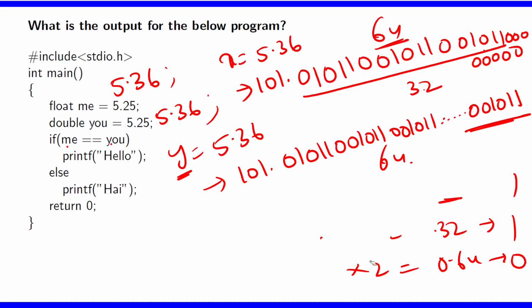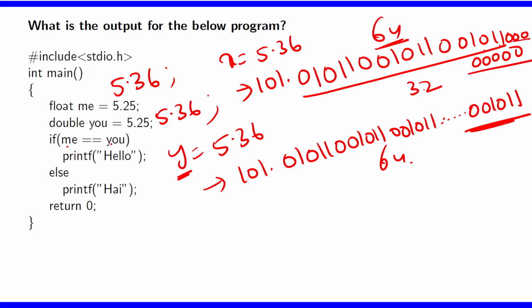Now when I compare these two, both are not the same, both are different. After a certain number it's all zeros here, while here it is this. After 32 bits, the 33rd bit is different in these two numbers. Why? When the compiler is comparing x and y, it appends zeros in x, whereas in y it is repeating the same number. Therefore both are different, so the output will be high.